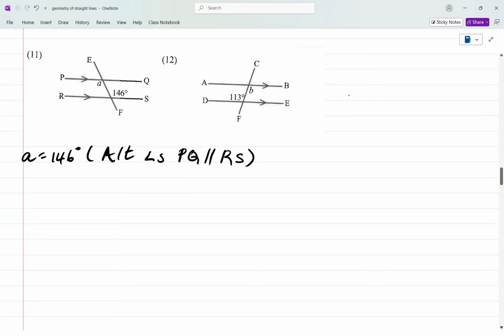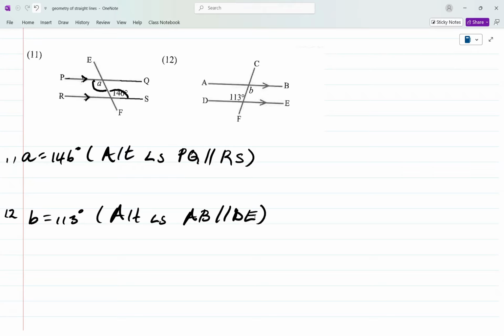Just to give you a quick reminder of alternating angles, if you have these two lines, PQ here and then RS here, this value of a will be alternating with the value of 146. So even this one, number 12, we are going to be saying b is 113 degrees. And then we have alternating angles, where AB is parallel to DE.